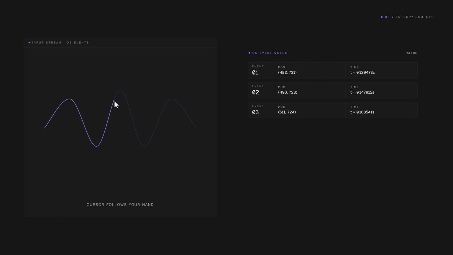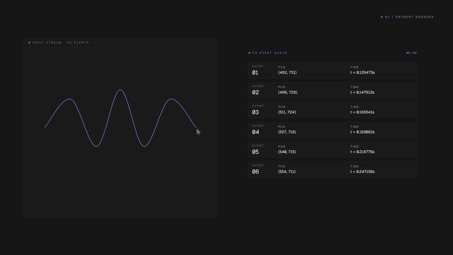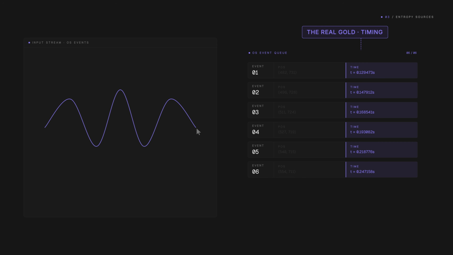When you move your mouse, the operating system receives a stream of events. Each event contains a position, and each event arrives at a specific point in time. Now, the position itself has some unpredictability, but the real gold is in the timing. The kernel measures the interval between mouse events down to the nanosecond.